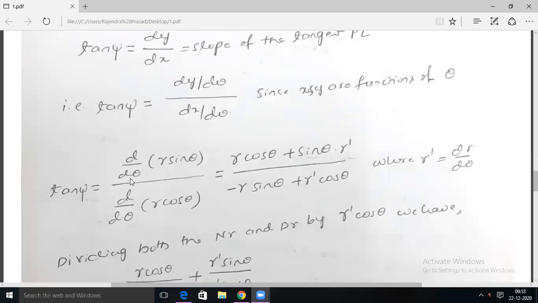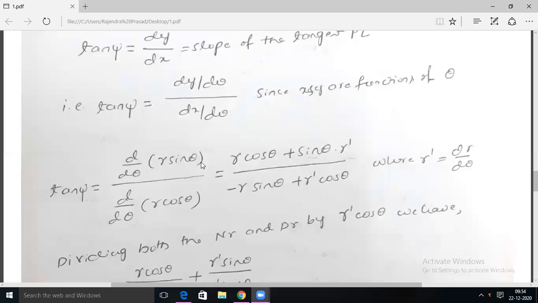With respect to theta we have to differentiate, so we have to apply the product rule. We know the product rule, right? First function keep as it is, differentiation of second function, plus second function keep as it is, differentiation of first function. So r is the first function, sin theta is the second function.